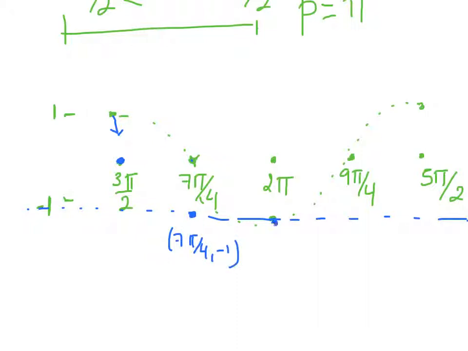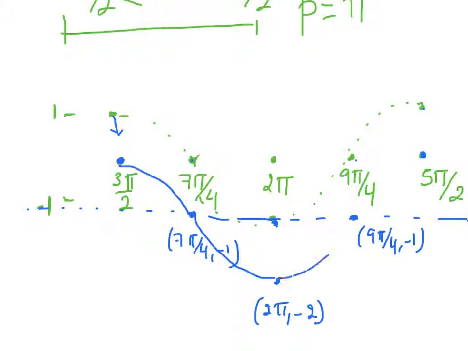This point right here was 2 pi and -1. If you drop it by 1, it will become 2 pi, -2. This one is going to drop by 1 unit. It will become 9 pi over 4, -1. And finally, this point, drop it 1. It will be 5 pi over 2, 0. My final graph should look something like this.